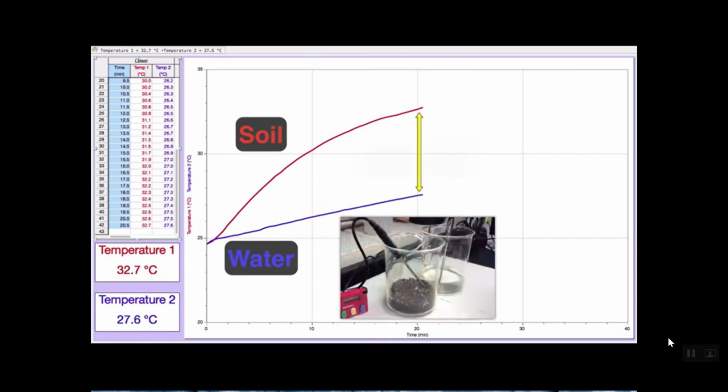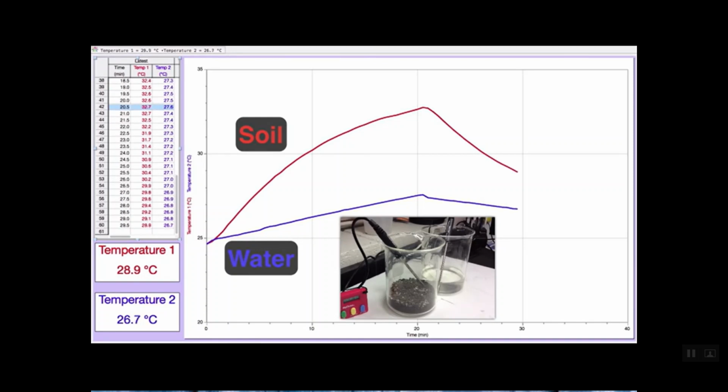I just speeded it up. Now we turn the lamp off and we let them cool down. Which one cools off faster? And notice the graph, that soil plummets down faster. Water keeps it pretty steady. Comes down a little bit, but not as fast as the soil.